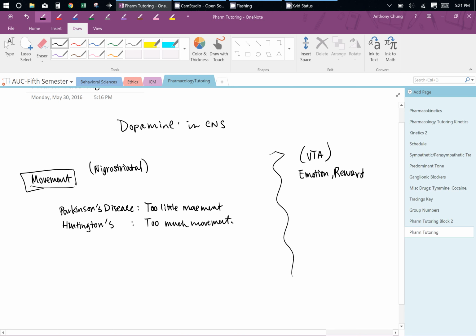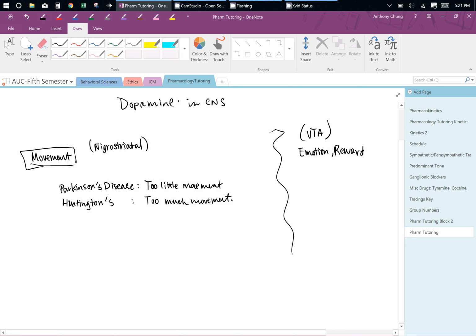Okay, and now we'll go into a little bit about why these movements are the way they are. In very general terms, there's a lot of neurons involved, and I'm sure there's a little diagram in your notes that you saw, but it could be simplified into two different pathways. These two pathways are kind of a tug of war.